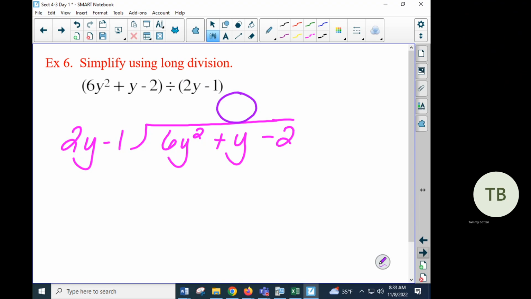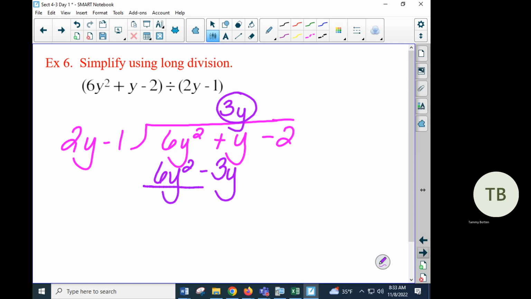So what I think about is what times 2y gives me 6y squared. So I need a 3 because 3 times 2 is 6. And if I have one y, I need another y here. So y times y is y squared. So 3y times 2y is 6y squared. And then 3y times a negative 1 is negative 3y.